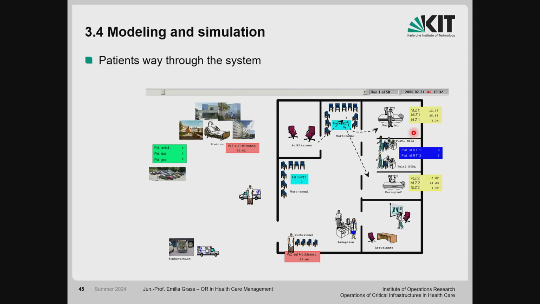Then they are prepared and go to either the first or the second MRI scanner. Okay, so this is the patient flow through the clinic. And then when they are done, they leave either as an outpatient going to the car, driving home, or they are picked up by the car and brought back to the building.